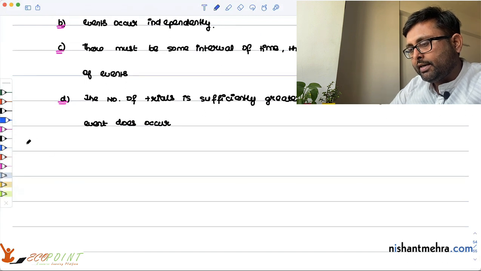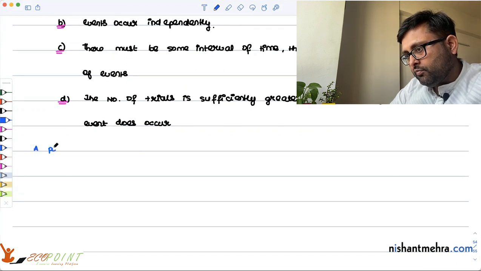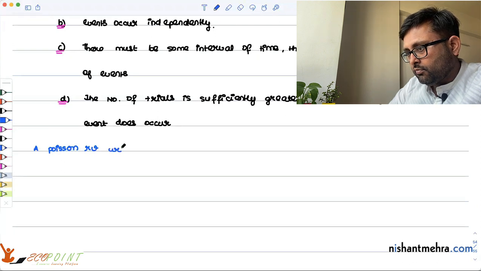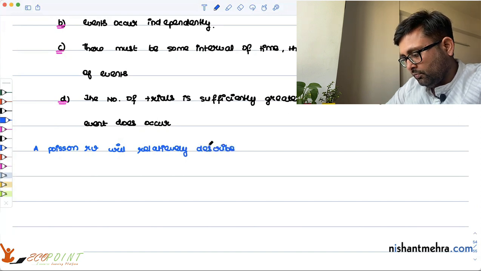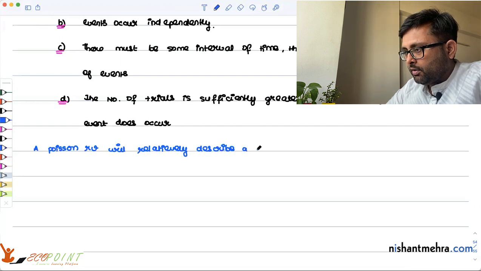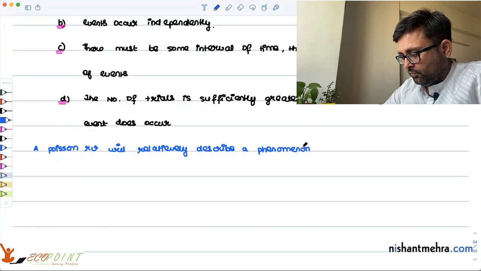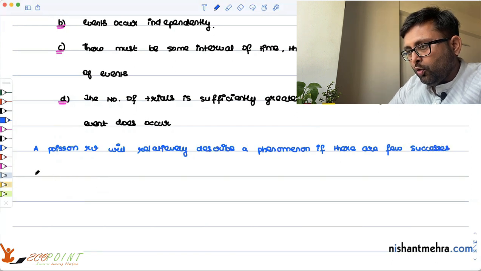Many of the books write it like this: a Poisson random variable will relatively describe a phenomenon if there are few successes over many trials.